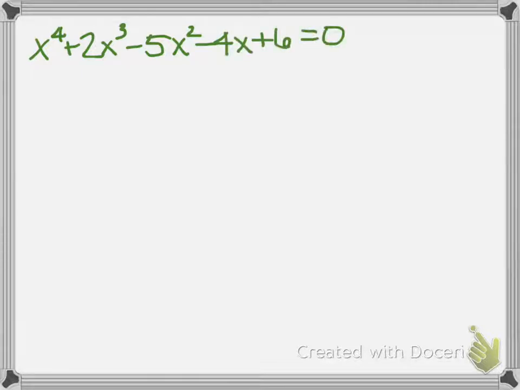So we want to find the roots of this polynomial equation. We have the equation x to the 4th plus 2x to the 3rd minus 5x squared minus 4x plus 6 equals 0. So, first thing you should notice is this a 4th degree polynomial, which means we should have 4 roots.